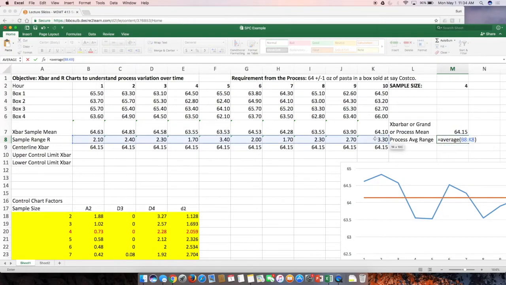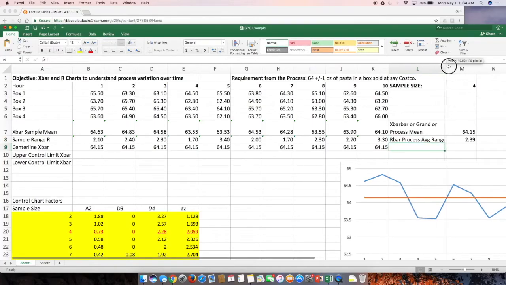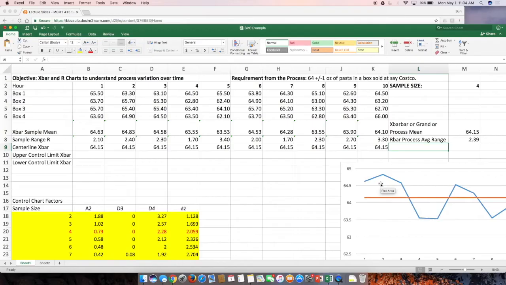What's the average of all these sample range values? That's our R bar. Okay, so everybody with me? Do you get 2.39 for the average? Kashayar, you get 2.39?